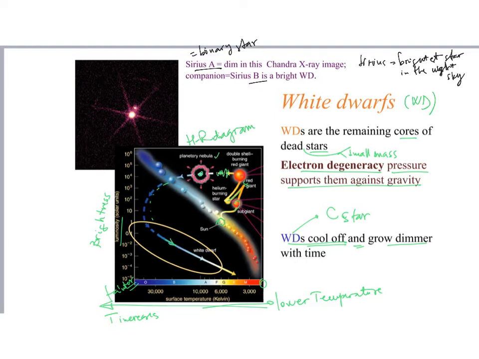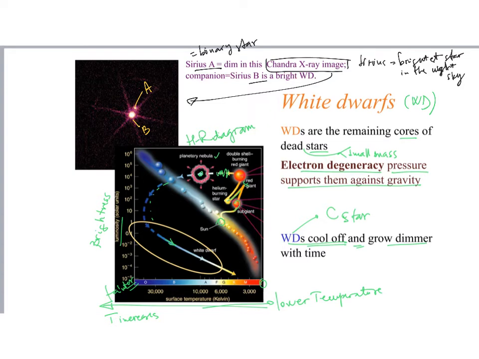But when we photograph the system in X-ray light, this is a Chandra X-ray image of that binary star called Sirius. What we see is that this is B, the brighter one in X-ray, and this is Sirius A, which is the one that's dimmer in X-ray emission, in terms of how much X-ray is emitted out of those stars.